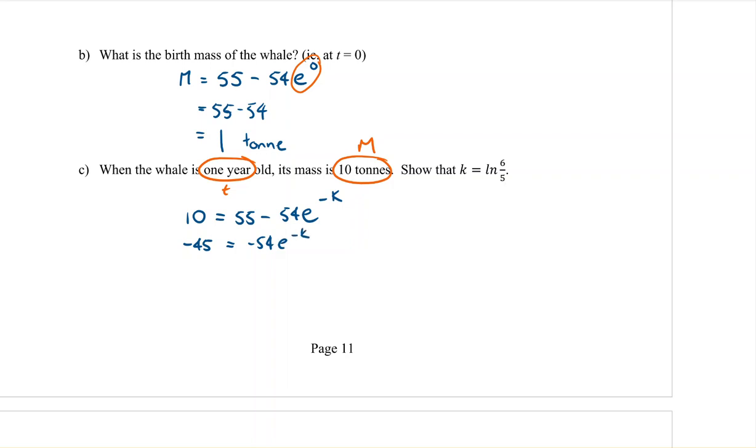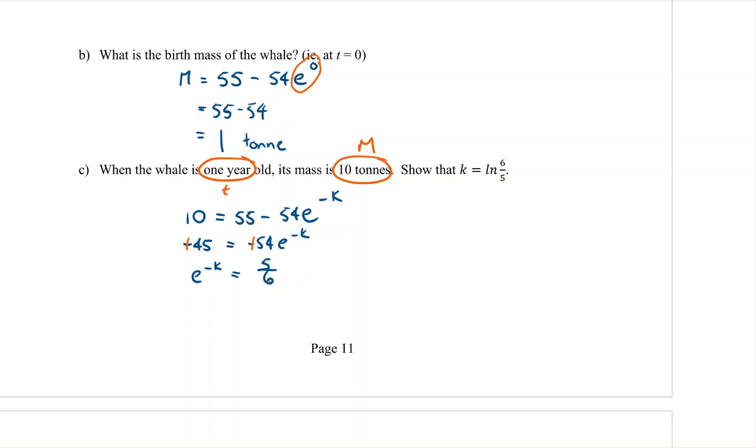All right, don't really like the minus sign, so we can cancel the minuses out. And then I would divide the 54 across to the other side. So 45 divided by 54 actually makes 5 over 6, simplifying the fraction.